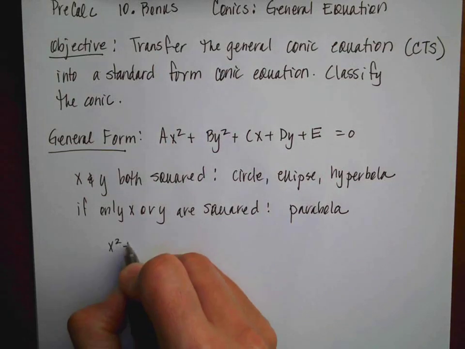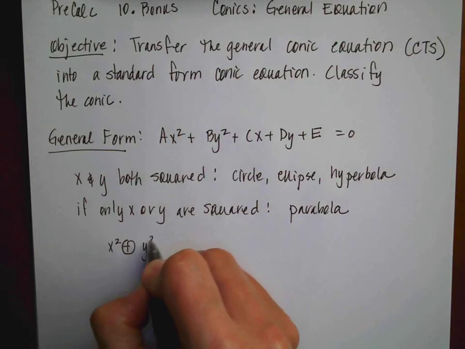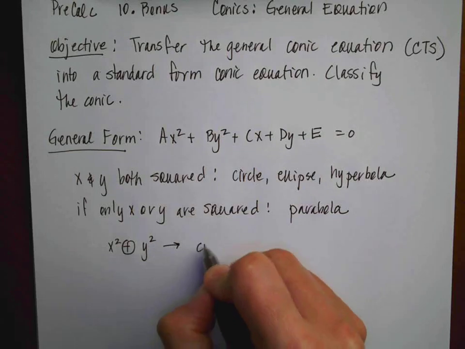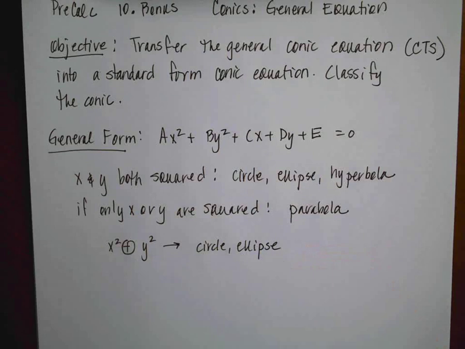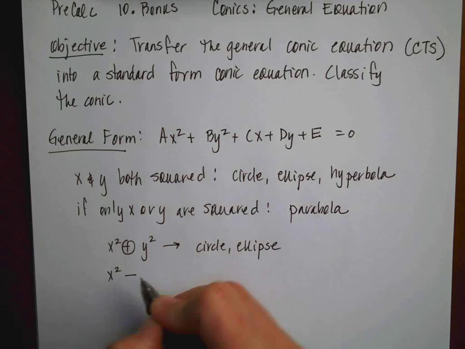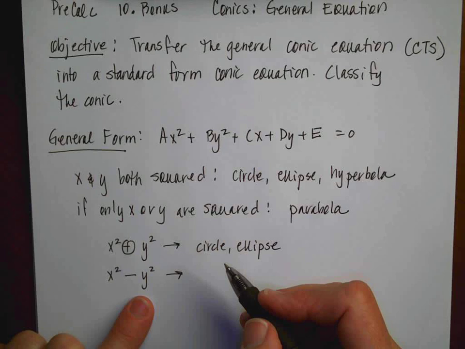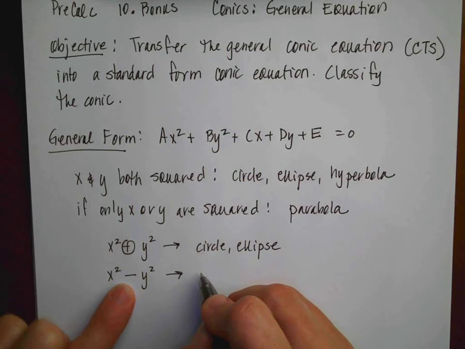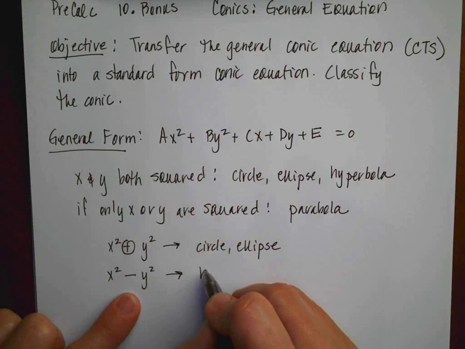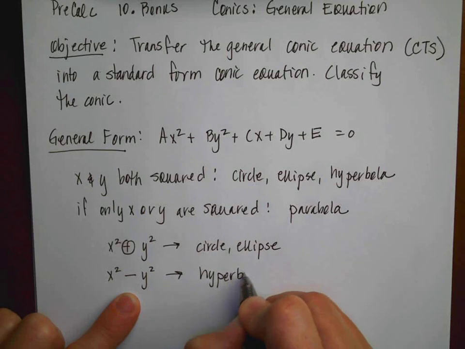If I have an x squared plus a y squared, that means that it could be either a circle or an ellipse. Okay, and again, depending on what a and b values are. If it's x squared minus y squared, or vice versa, it could be y squared minus x squared, the only shape that has a negative in between the two squared terms is the hyperbola.